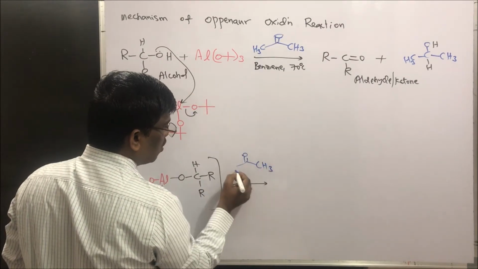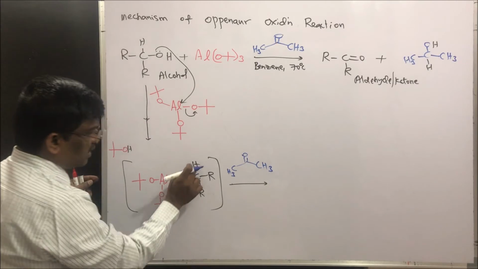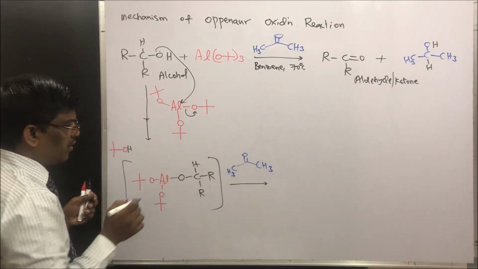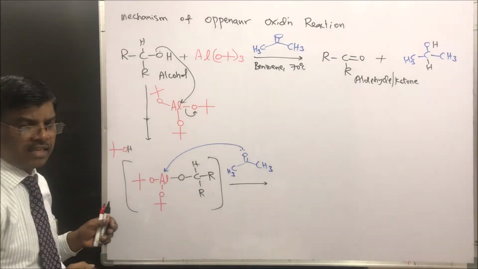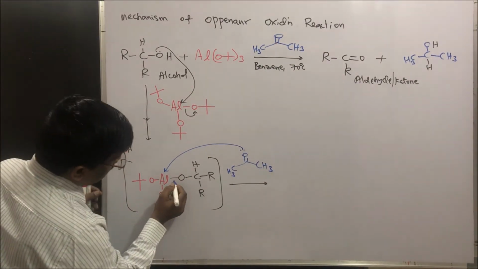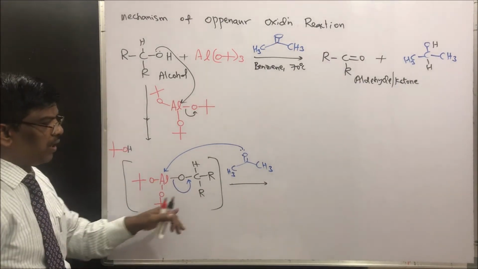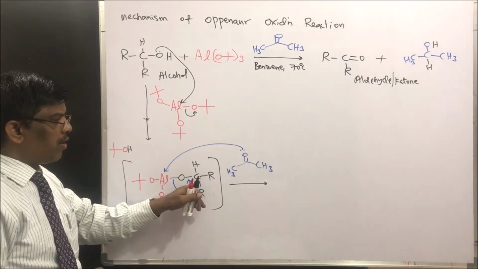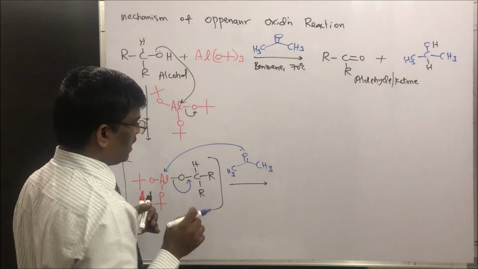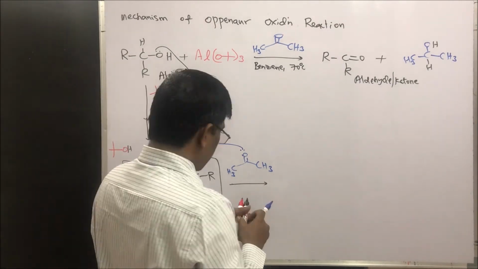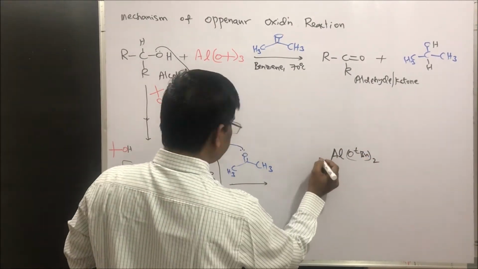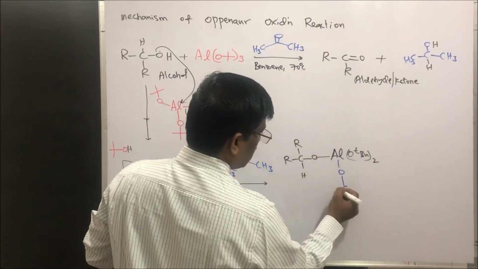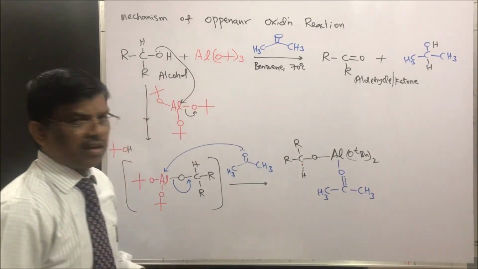Now this alcohol hydrogen will be transferred to acetone. This is acetone. Now this hydrogen is going to be transferred to this. Before that, it makes a complex with this aluminium and it goes up to give carbonyl compound. In the transition state, I can write aluminium.